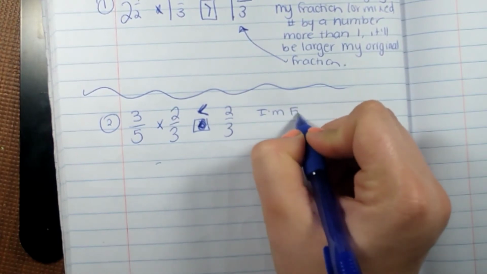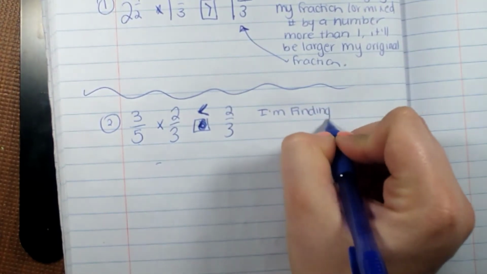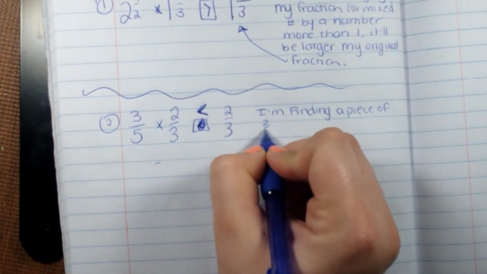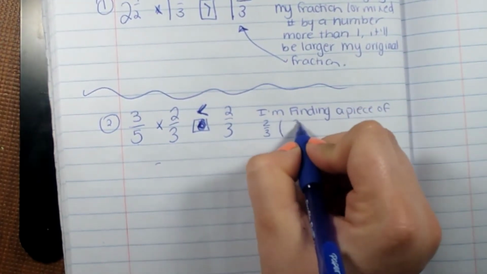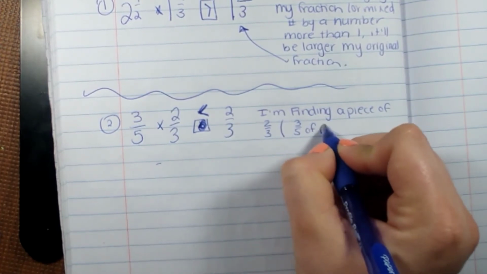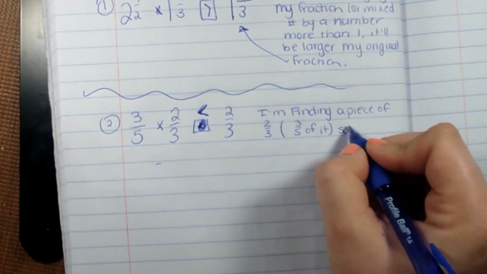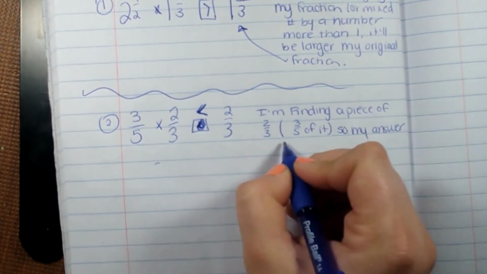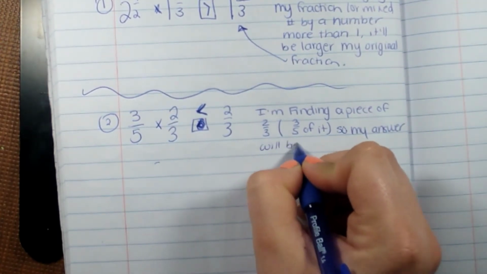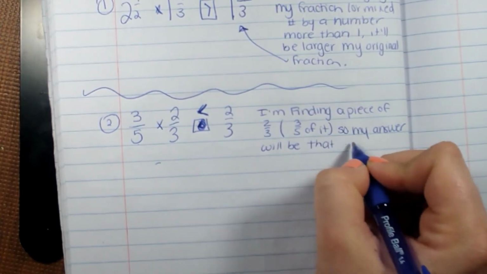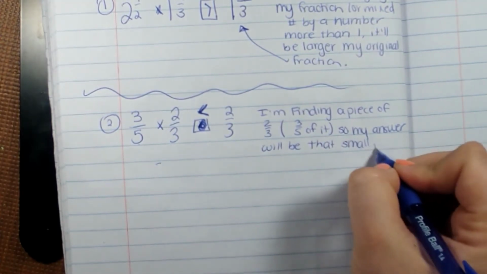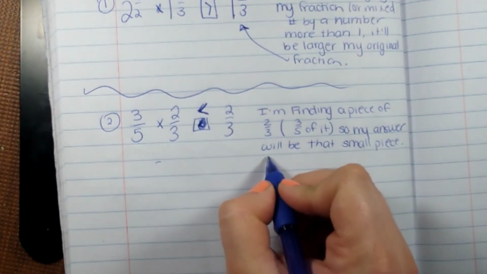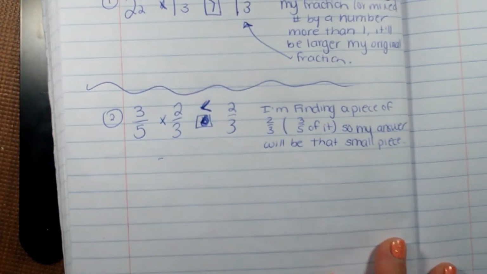I'm finding a piece of 2/3, 3/5 of it. So my answer will be that small piece. So that means it'll be smaller.